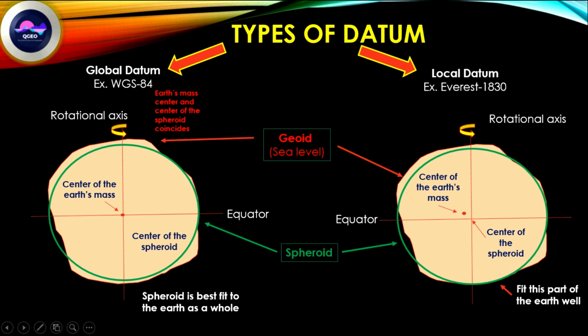Everest 1830 is an example of local datum. Here the earth's mass center and the center of the spheroid are different points. You can see the center of the spheroid and the center of the earth's mass are different points. So in this case we consider the local datum.